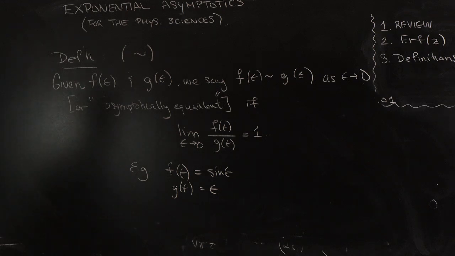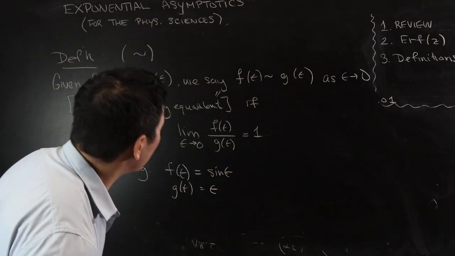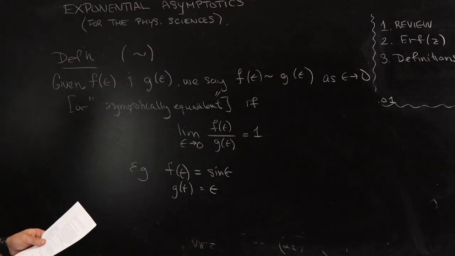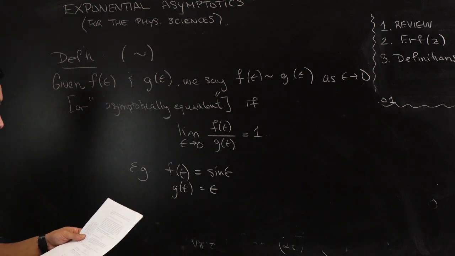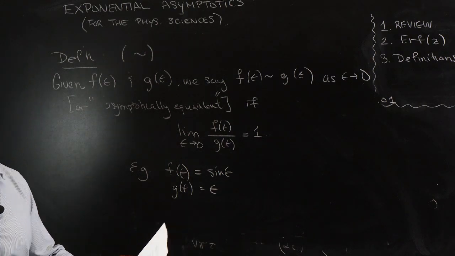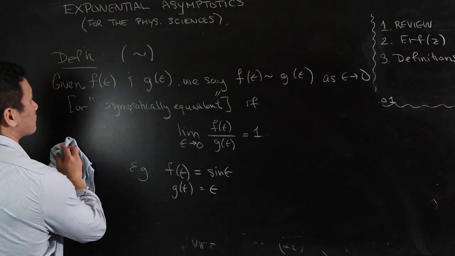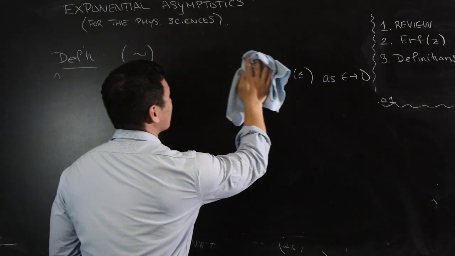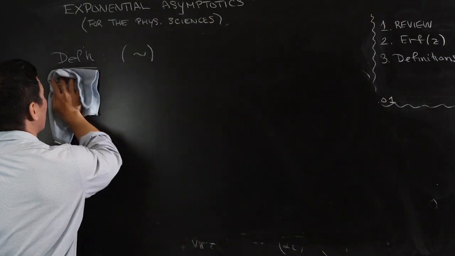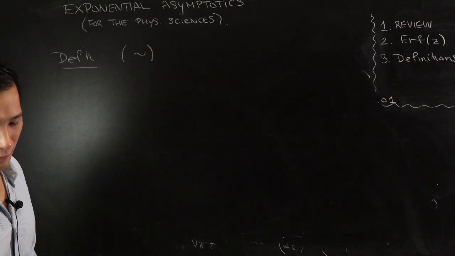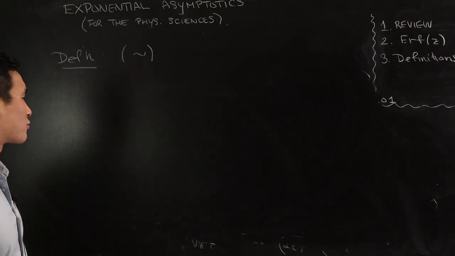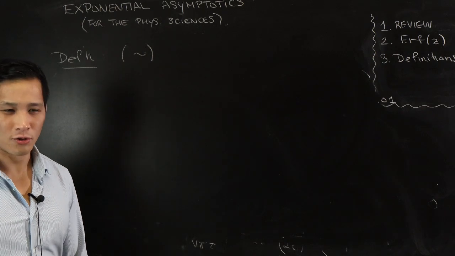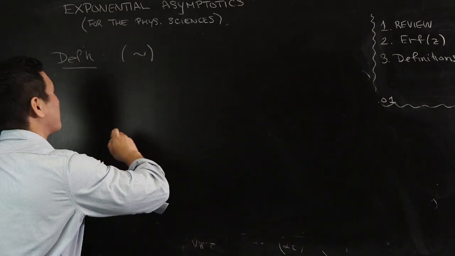Okay, so that's what we mean by twiddles. If you're discussing this with another mathematician, you would say twiddles, or sometimes behaves like, or is asymptotic to. That's how you would describe that symbol.